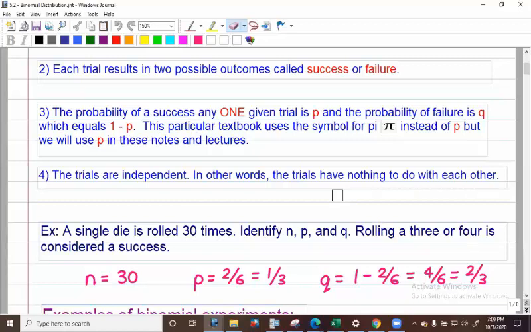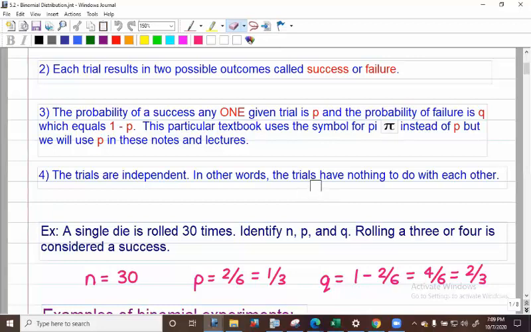In other words, if it's not a 3 or 4, we don't care whether it's a 1, 2, 5, or 6. We don't care. They all bunch together. Those 4 numbers go together as just falling in the failure category, not a 3 or 4. So we don't look at all 6 things individually. It's either failure or not failure.